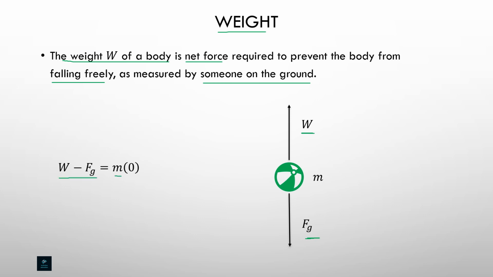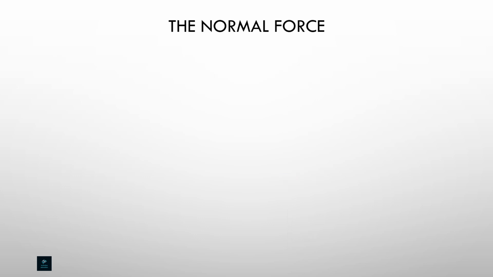This is equal to mass times acceleration, which is 0 in this case as the body is constrained to fall. From this we can write W as equal to Fg. That means the weight of a body is equal in magnitude to the gravitational pull exerted by Earth on the body.